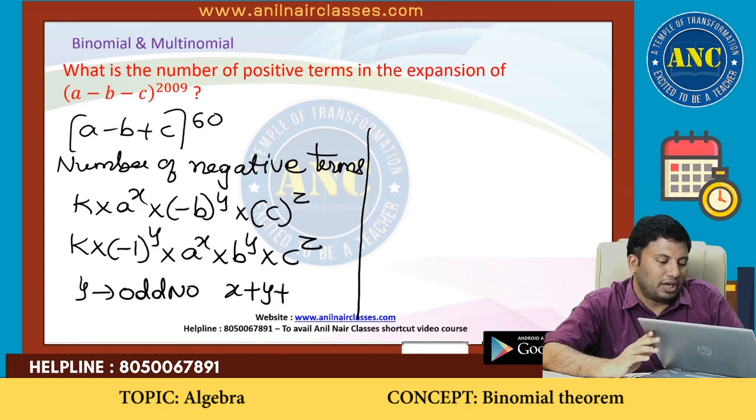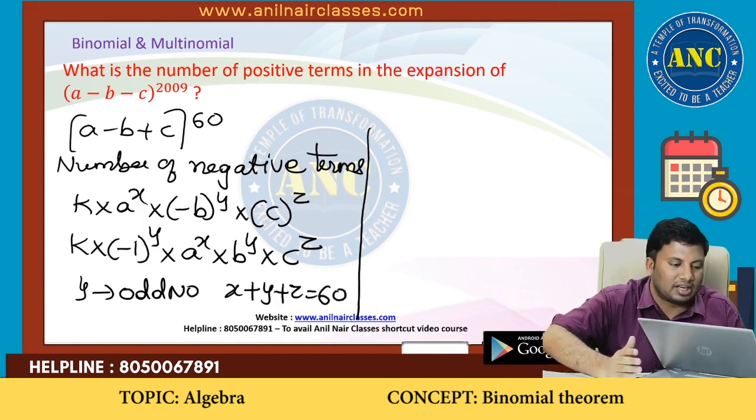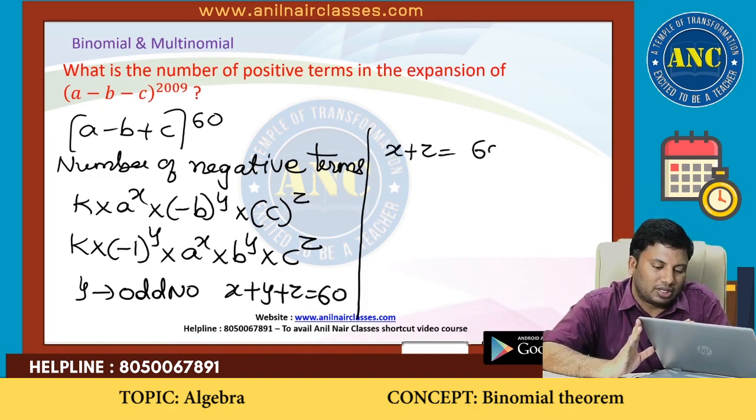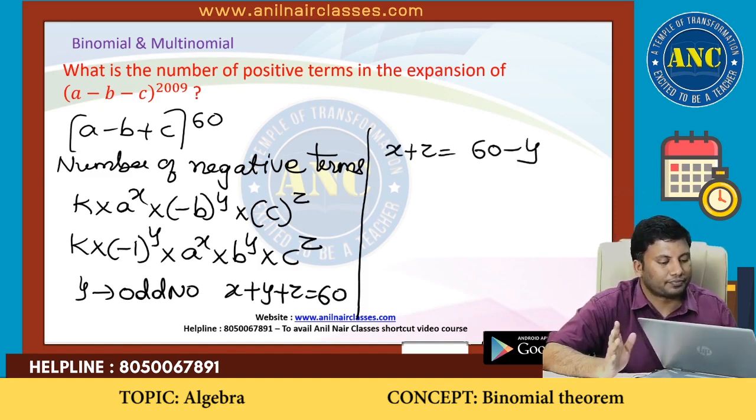x plus y plus z is nothing but 60. If y is an odd number, this becomes x plus z equals 60 minus y.